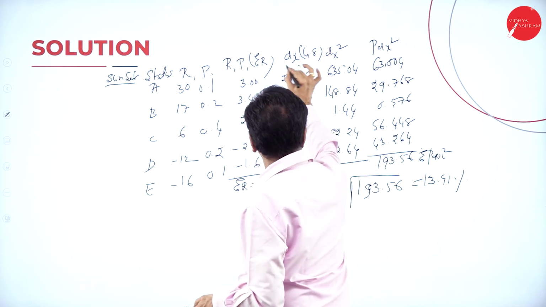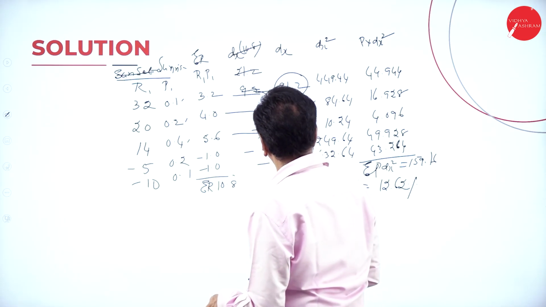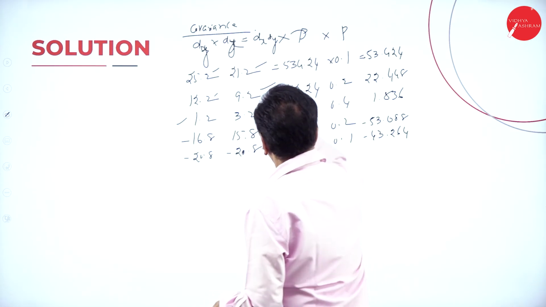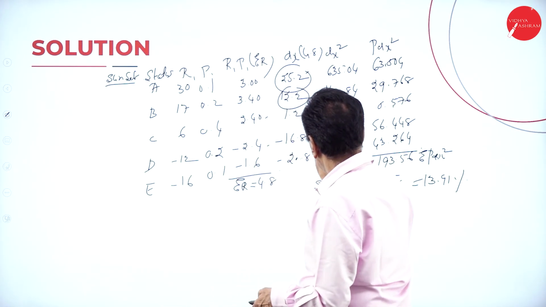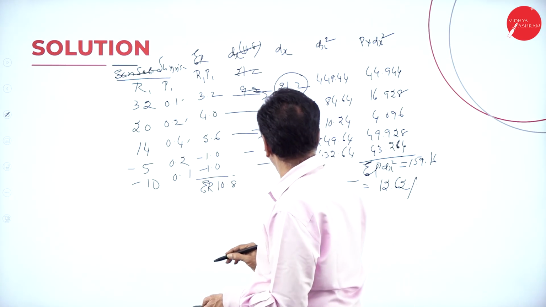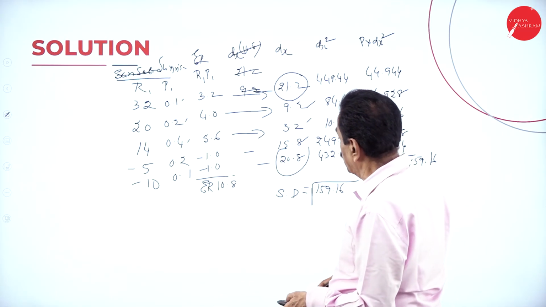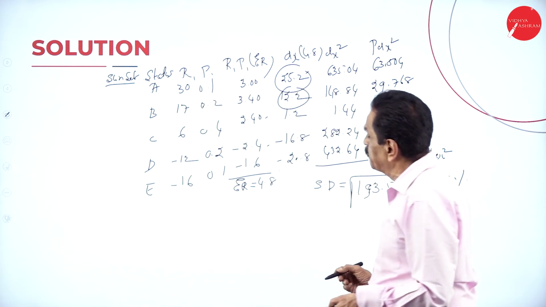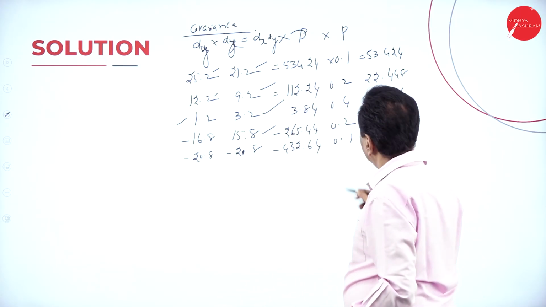Then this goes to sunset. See that: 25.2, okay. 12.2, okay. 1.2, okay. 16.8, okay. Minus 20.8, last one.